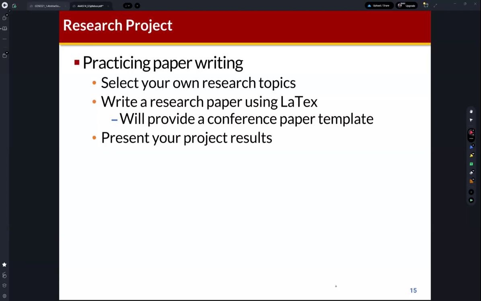We can use the LaTeX template, write a paper, and compile the LaTeX document to generate a very fancy or organized paper. I will provide the paper template, and using this template, you can write your own research paper.